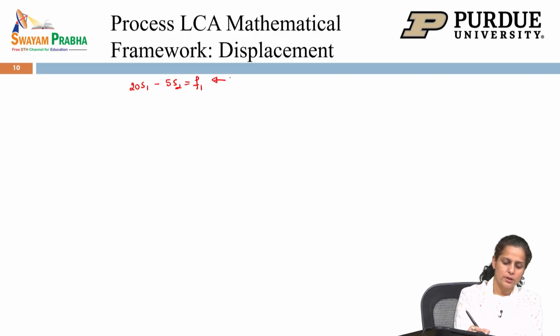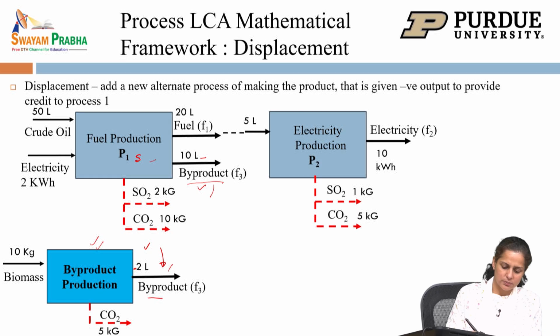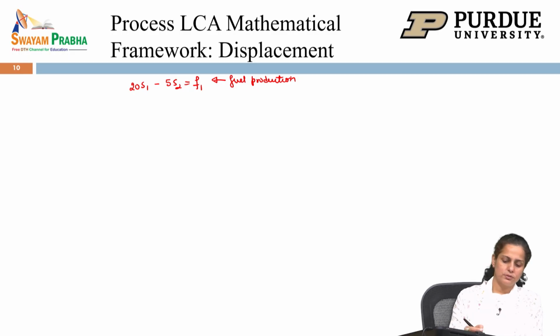Your fuel production balance does not change. So, I am going to scale this by S1, this is going to be S2, and now this process is going to be S3, because this is not split off of the first process, we are introducing an alternate route or new unit process in our network diagram. So, the fuel production system remains the same.